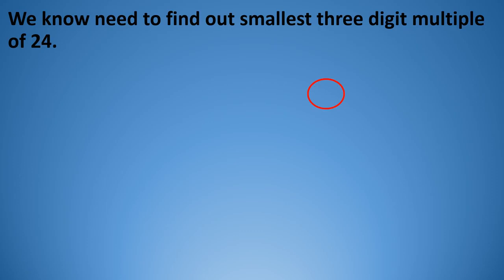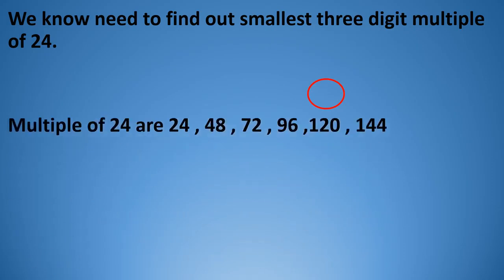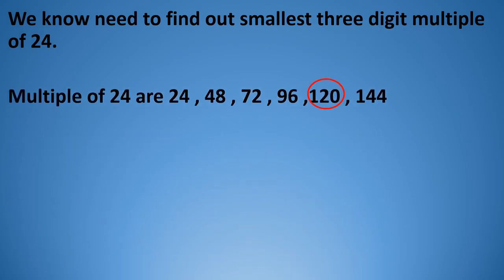Our LCM is 24. So now what we have to do? We have to find out the multiples of 24 till we get the smallest 3-digit number. So multiples of 24 are 24, 48, 72, 96, 120, 144. Stop here.